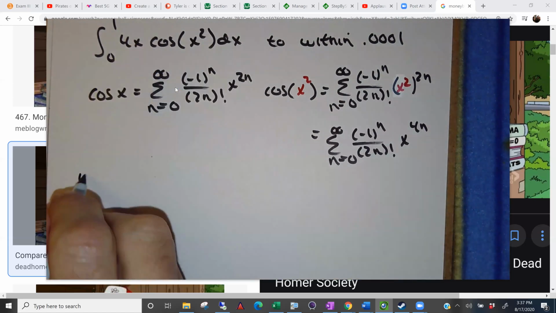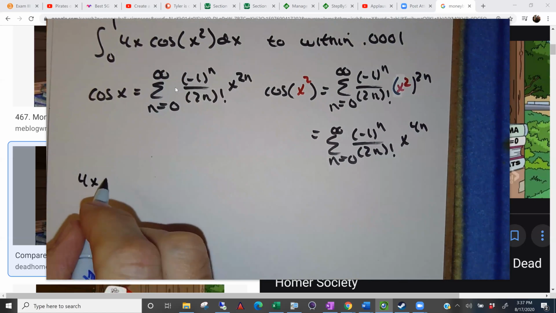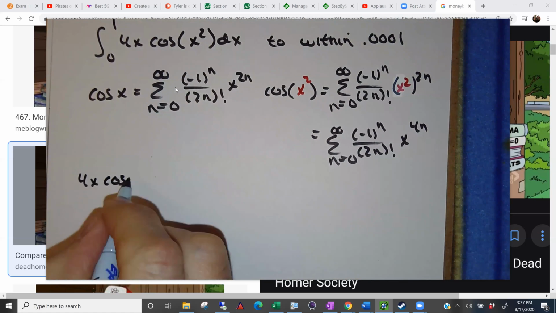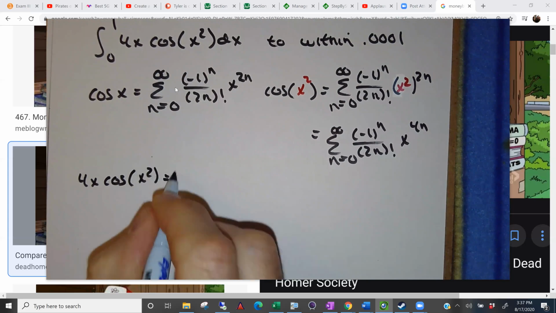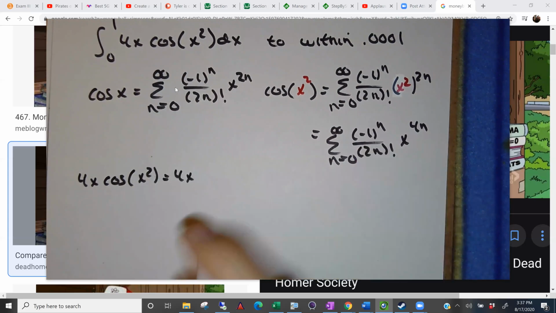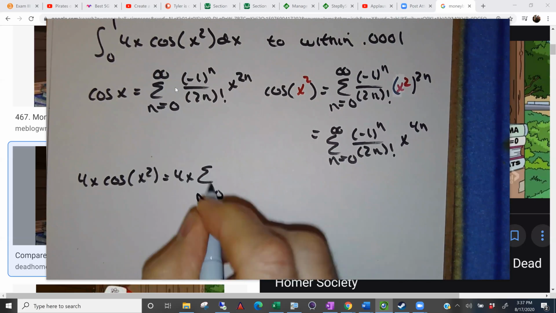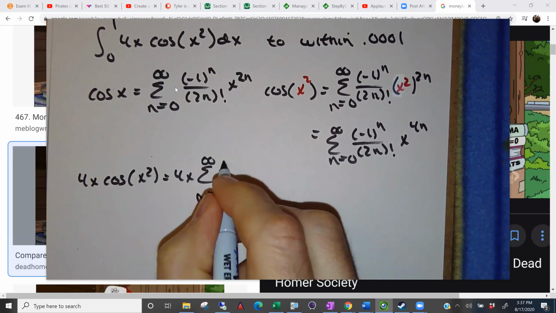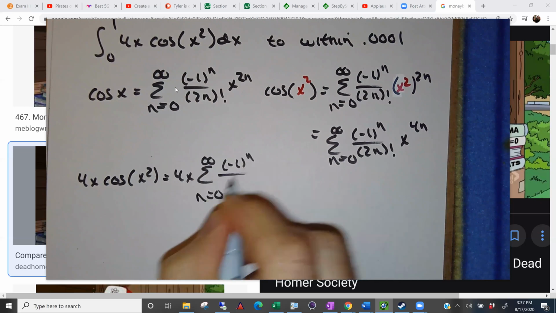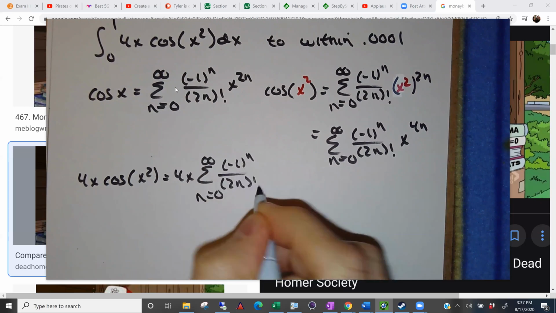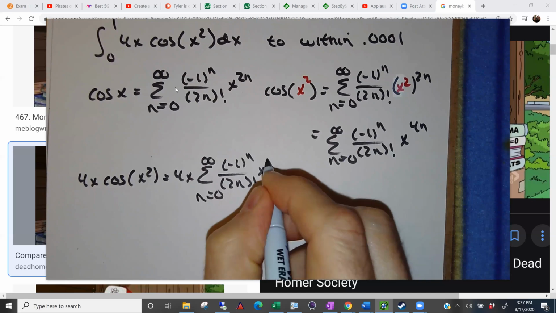I want 4x times cosine of x squared, which is going to be 4x times this series, sum from n equals 0 to infinity, -1 to the n over 2n factorial x to the 4n.